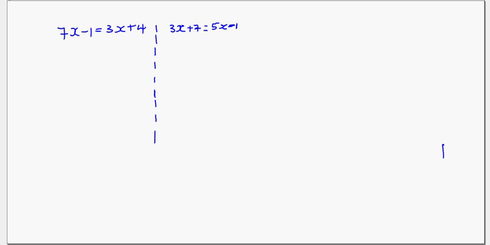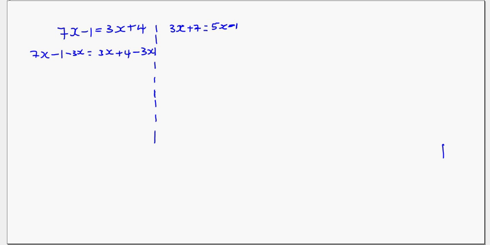And that means we have to take away 3x from the right-hand side. So if we have 7x minus 1 is equal to 3x plus 4, we're going to minus 3x from the right-hand side, and therefore we're going to minus 3x on the left-hand side as well.